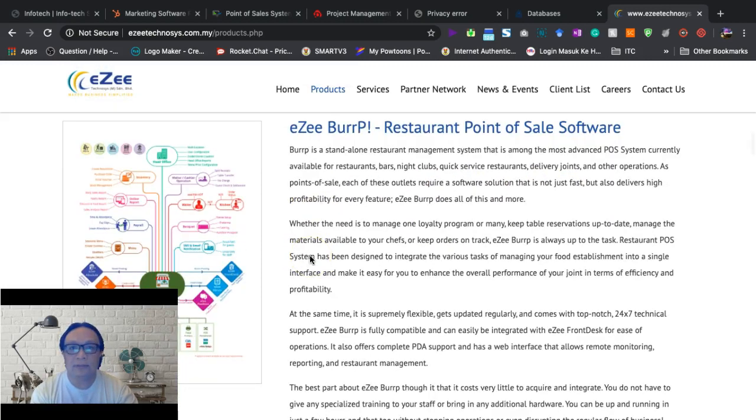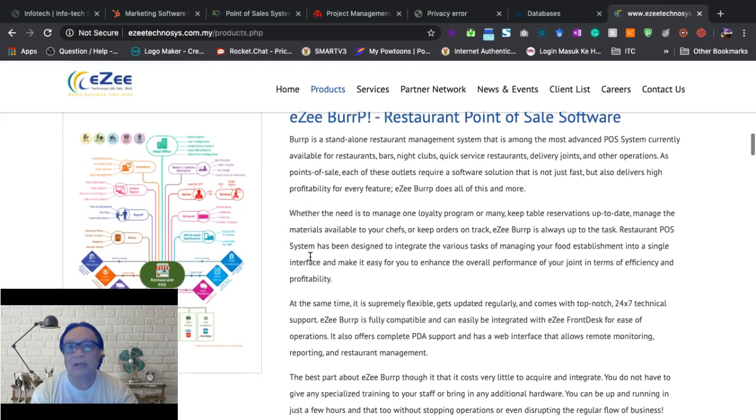So all these systems, they are utilizing cloud computing. Some of the data, backup, everything, is stored on the cloud. It's not stored on site, for safety and backup reasons.